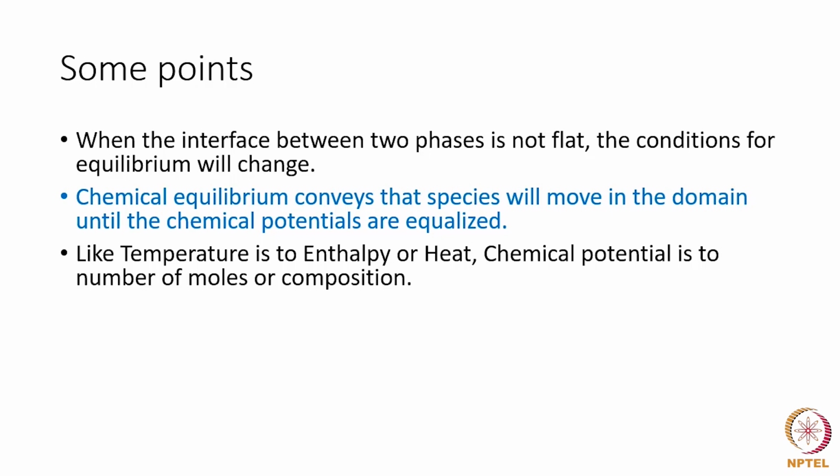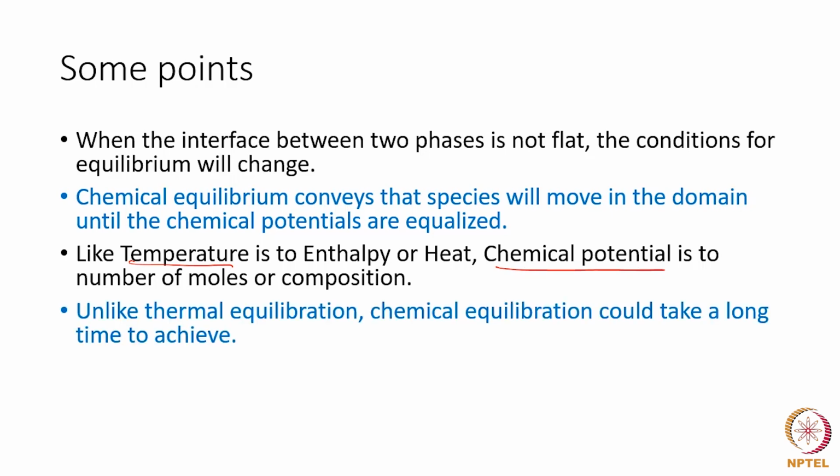That is, a change in the chemical potential across two regions will be the reason why the number of moles of any species would change or would flow from one point to another point. So in that sense, quantities like temperature or chemical potential are basically potentials which lead to flow of heat or flow of moles of a particular species, etc.